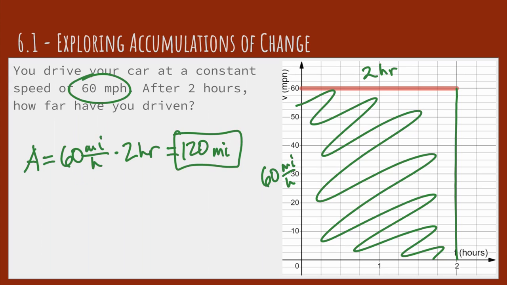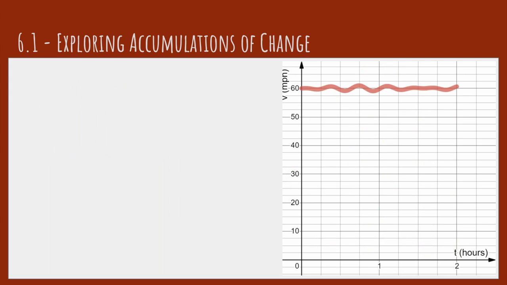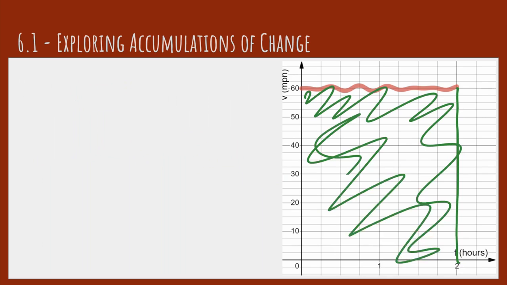Realistically, in real life, even if we have cruise control set, our speed's probably going to look more like this. It's going to fluctuate a little bit when we're going up and down hills and whatever else might cause us to speed up and slow down. But the area here that's between that curve and the x-axis is still going to represent the distance that we traveled over that time interval.